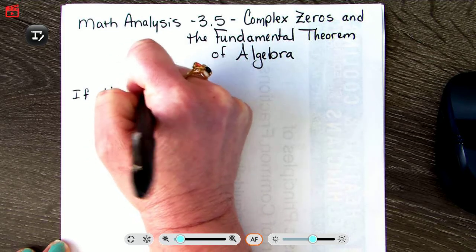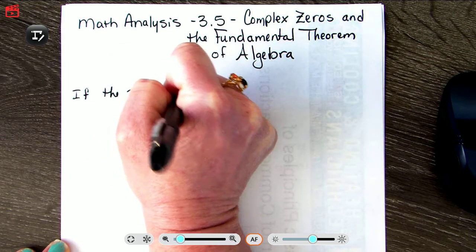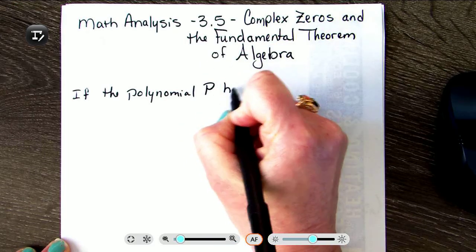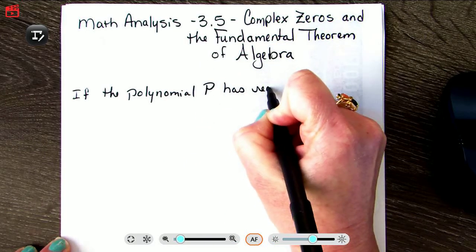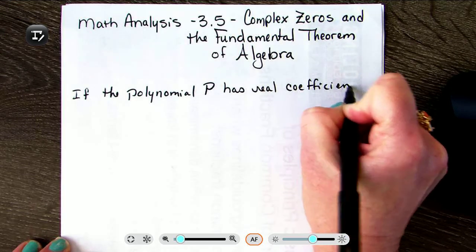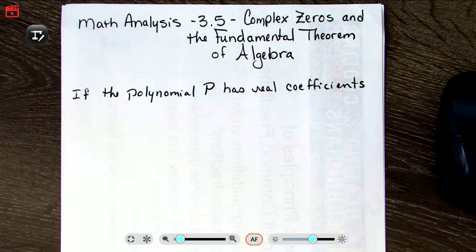So if the polynomial, and we like to use the letter P for polynomials, has real coefficients. Okay, so not complex coefficients, we have to have real coefficients. They do not have to be integer coefficients like that p over q thing was, but they do have to be real coefficients.